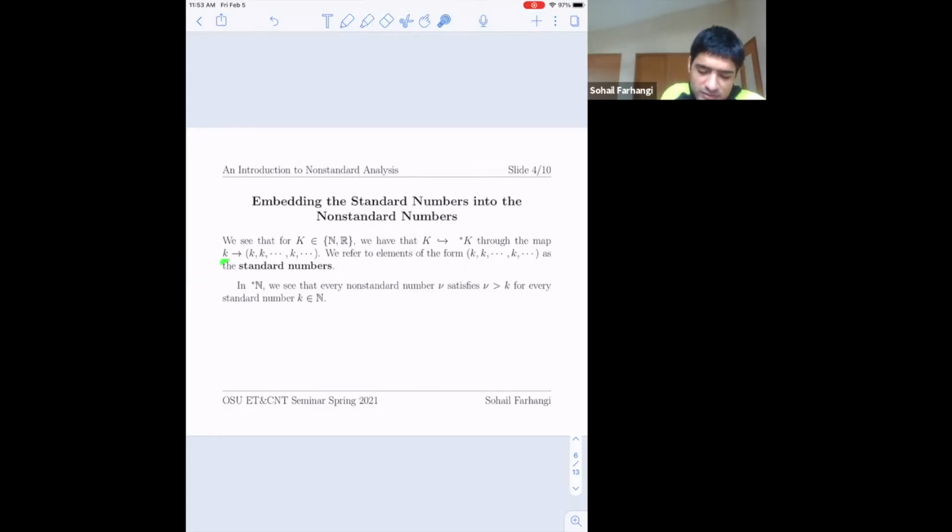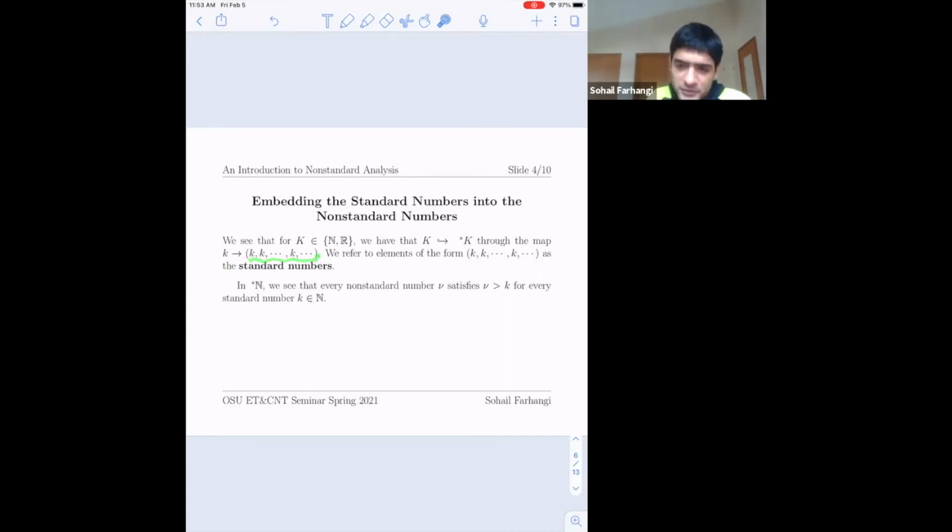So if you just take an element in the base set and map it to the tuple where that element occurs for every single component, then this is going to be an isomorphism of the original set into the non-standard set. We can certainly see that it's injective because if this element is not 0, then the set of indices for which the tuple is not 0 is everything.